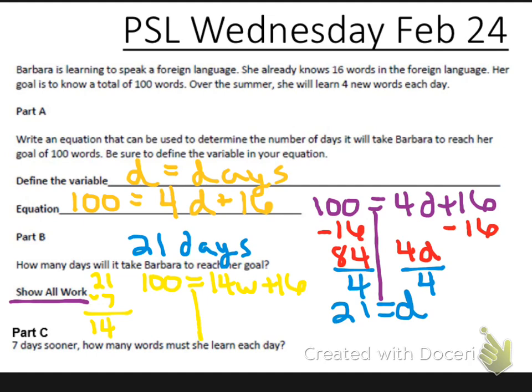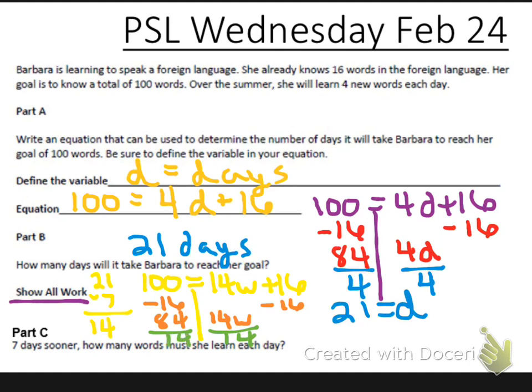So following those same steps we did before, get rid of what's added or subtracted. 16s will cancel out, and we'll get 14W equal to, let's see, this is going to be 84. Now this time, instead of dividing by 4 like we did before, we're going to be dividing by 14.